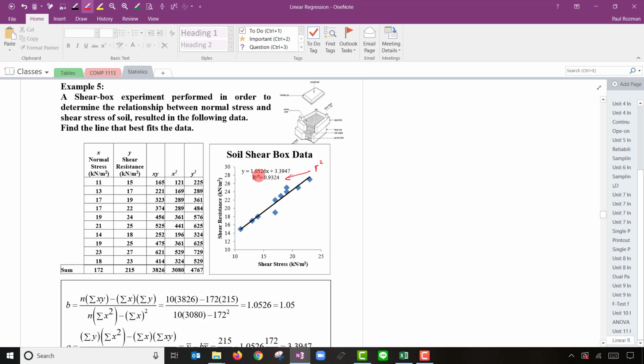Excel also is happy to give you the equation of the line. So it calculates the slope and the intercept using the equations that we just sort of derived up above.